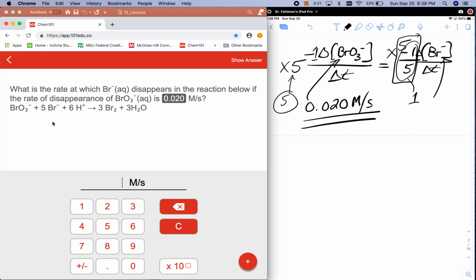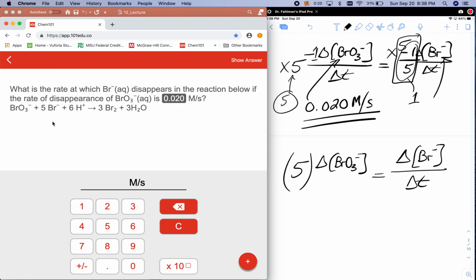In other words, you can say that the change in bromide concentration with respect to time is equal to 5 times the change in BrO3 with respect to time.